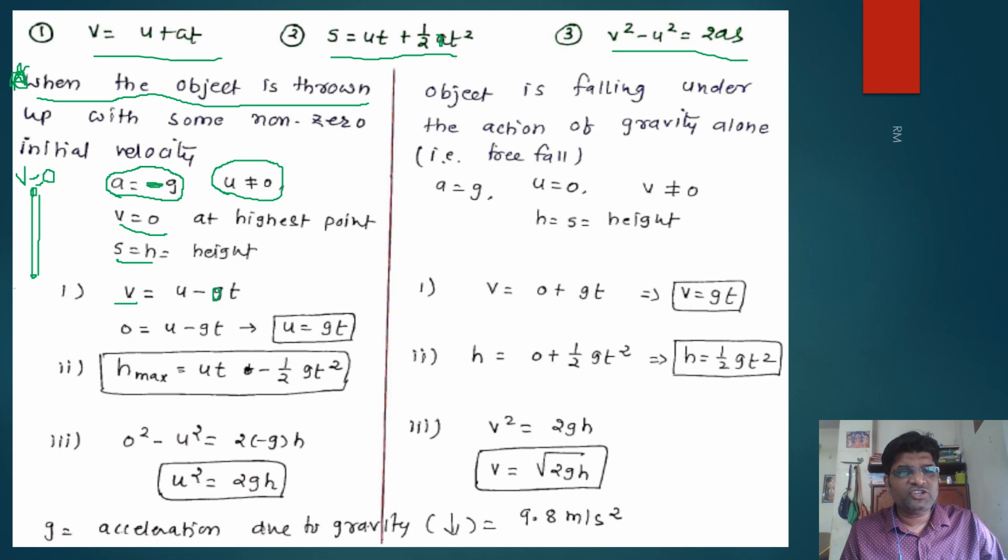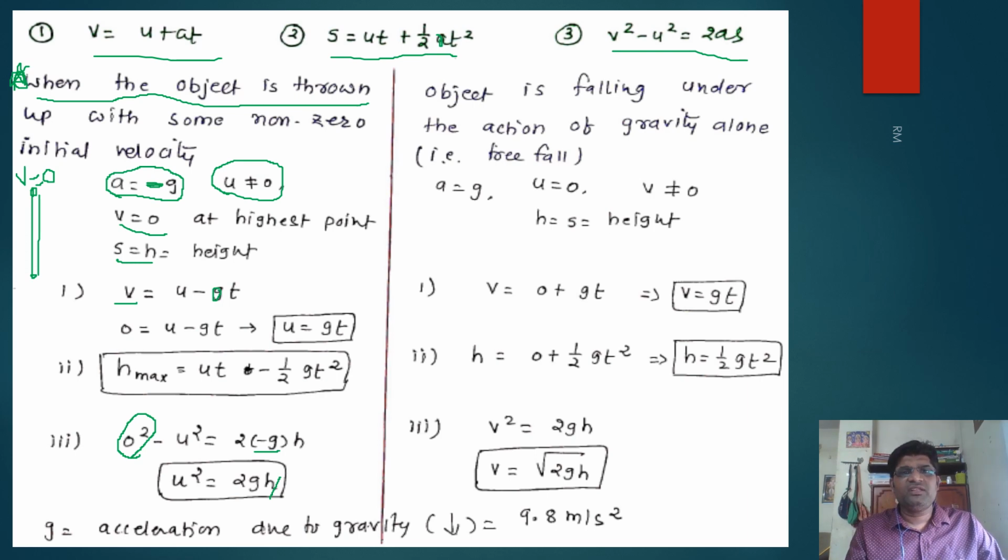And the third equation, v square minus u square is equal to 2as. At the highest point v is equal to 0, so you will have minus u square is equal to minus 2gh, and the equation becomes u square is equal to 2gh. So you can use this equation to find out the maximum height achieved by the object, right?